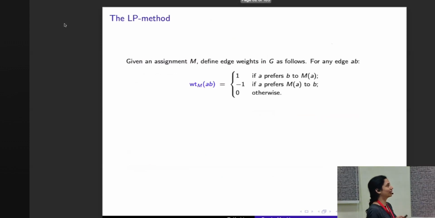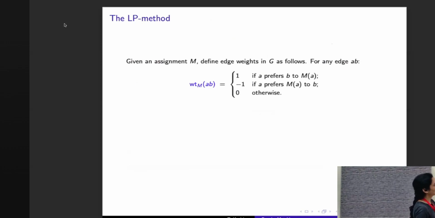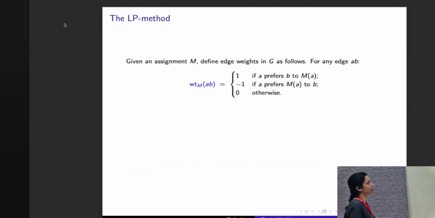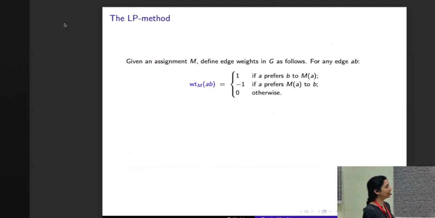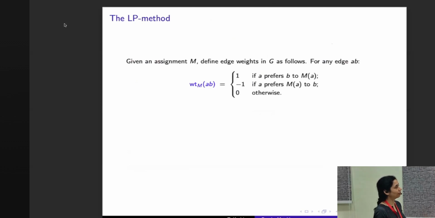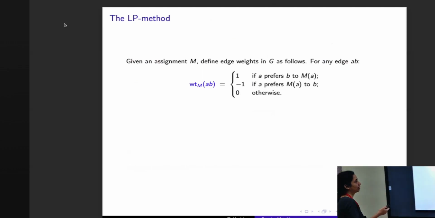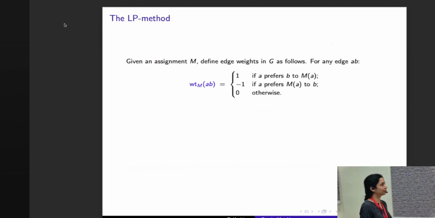So again, what does the LP method use? It uses a weight function. Now rather than +2, -2, 0, our weights are all +1, -1, 0 because it's only one side that has preferences. The weight of an edge AB is +1 if A prefers B to its partner in M, it's -1 if A prefers its partner in M to B, and it's 0 if B and its partner are tied in A's preference order.